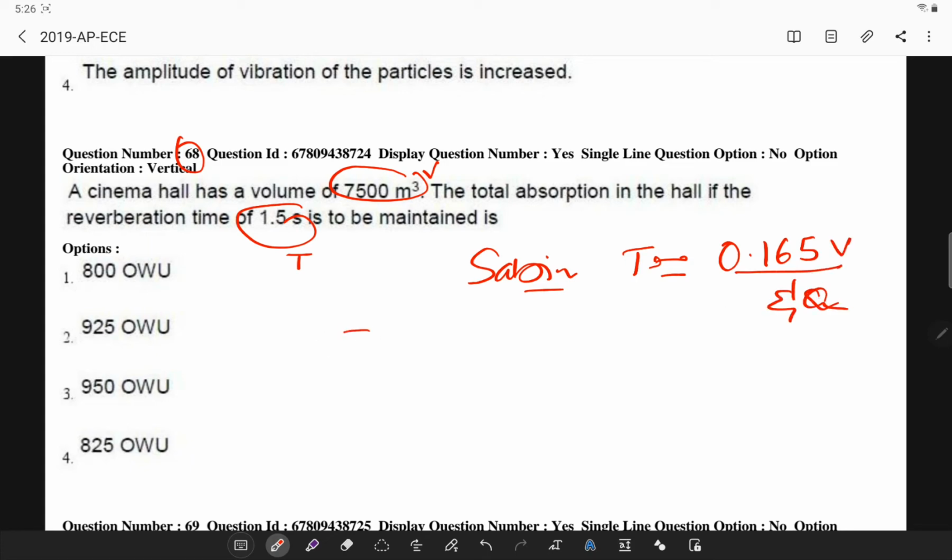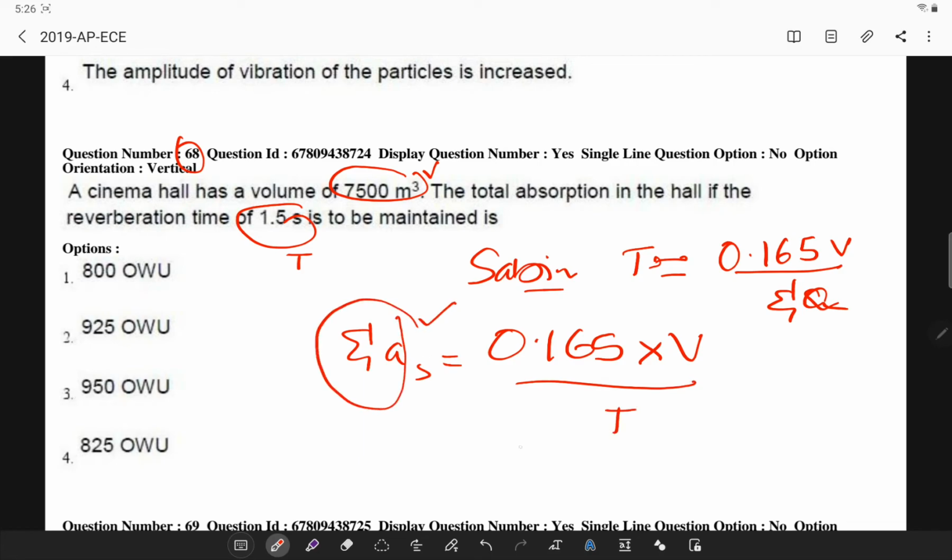So here sigma a is simply, so if I rearrange the formula, I will be getting 0.165 into V divided by T will be your absorption area.